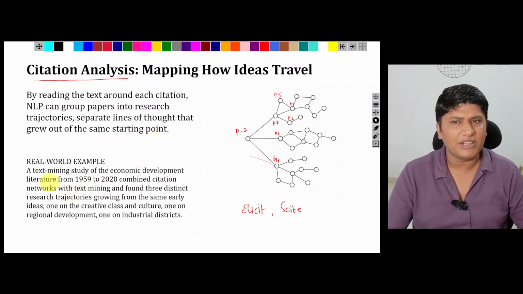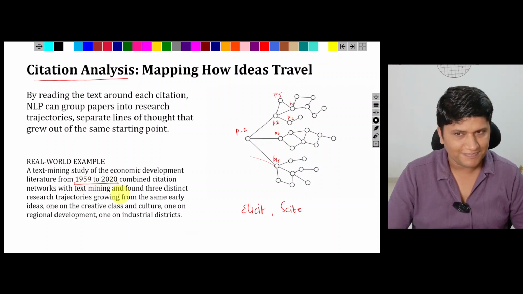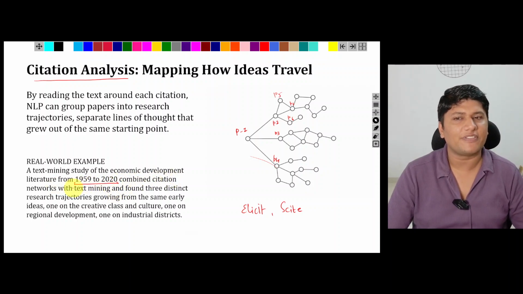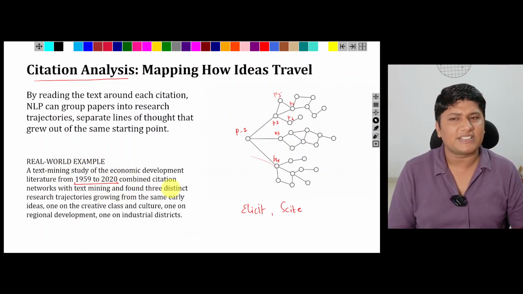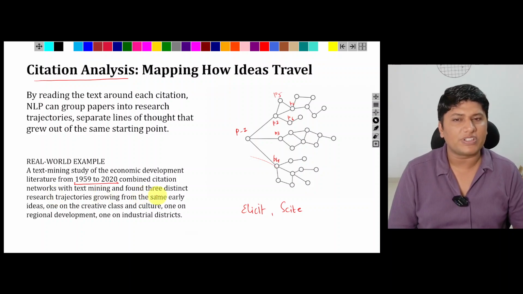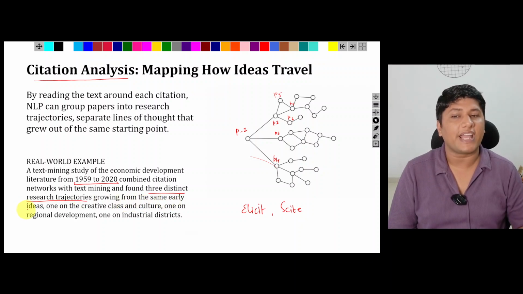Okay, for example, a text mining study of economic development literature from this year to this year combined citation network with text mining and found 3 distinct research trajectories growing from the same early ideas.